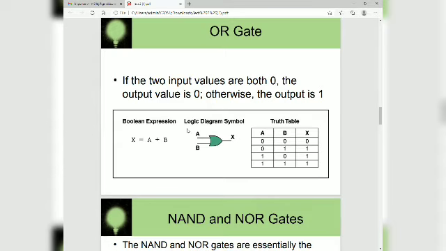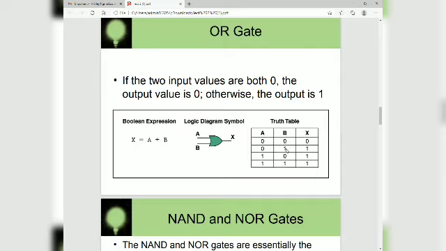This is nothing but the logic diagram of the OR gate. Inputs are A and B and output is X. This is the truth table of the OR gate. If A equals 0 and B equals 0, hence 0 plus 0 equals 0. Output is 0.